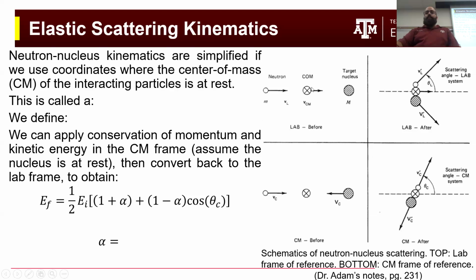And so you're free with kinematics to choose your coordinate system. And it just so happens that using these calculations in the lab frame ends up being a lot more complicated than if we were to convert to something called the center of mass frame. And that's what we're talking about here, the center of mass frame.